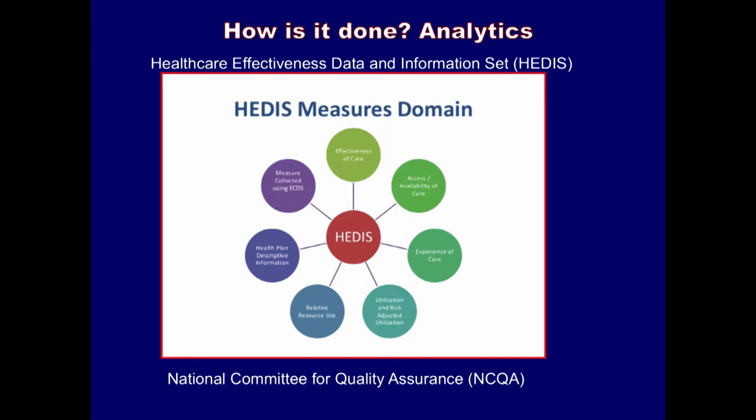So there is a national organization called the National Committee for Quality Assurance, the NCQA. They came out about 15 years ago. They came up with what we call the HEDIS measures. That is the Healthcare Effectiveness Data and Information Set. It's called the HEDIS measures. That was designed to collect information, claims data into one data set that everybody else can access.